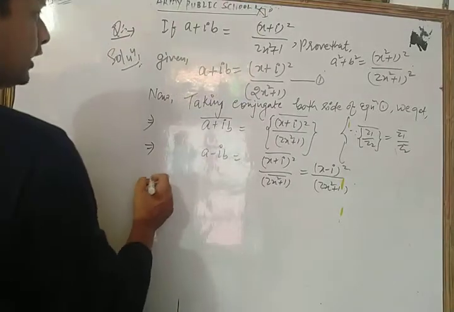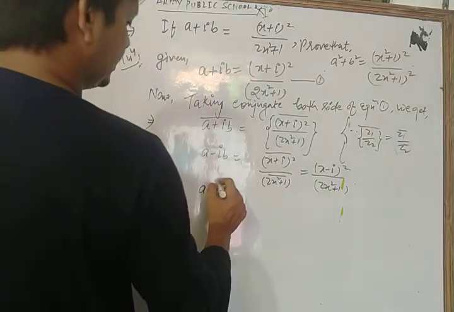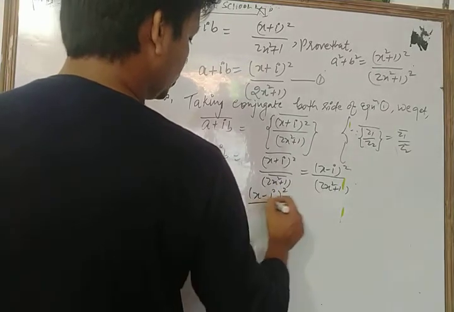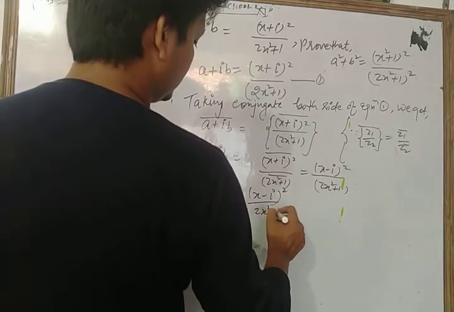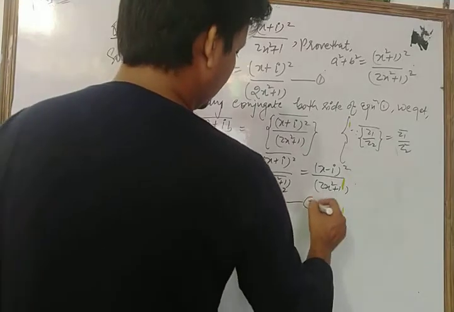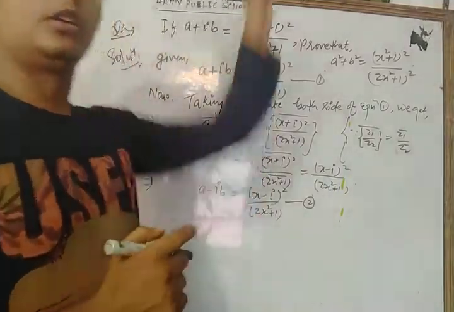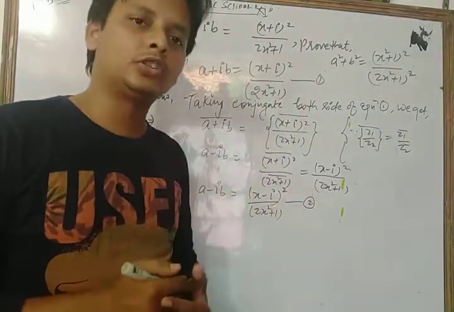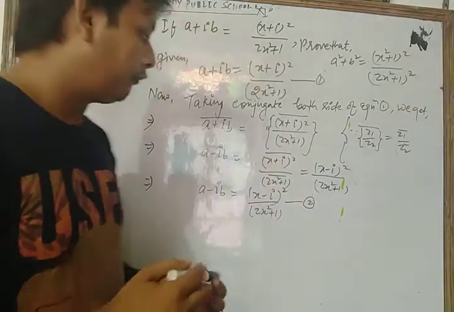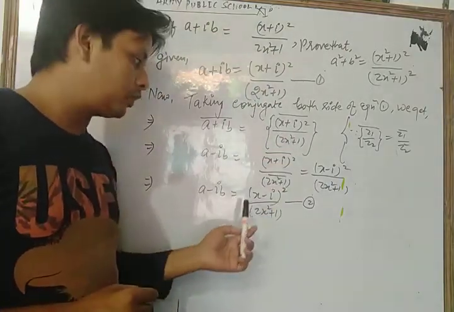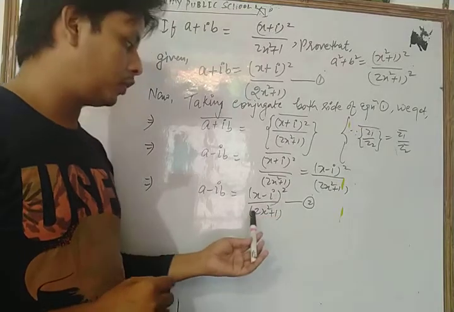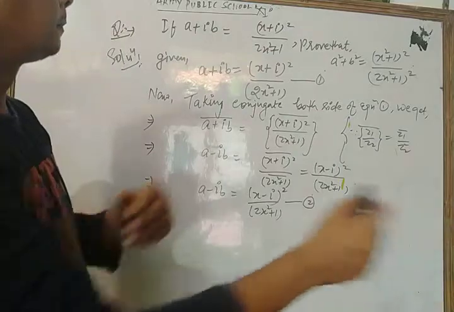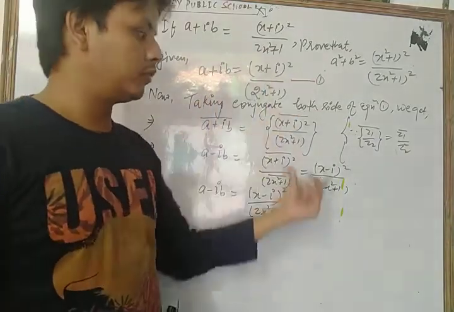Now we write a - ib is equal to (x - i)² upon 2x² + 1. Take equation number 2. Now dear students, we multiply equation 1 and 2.